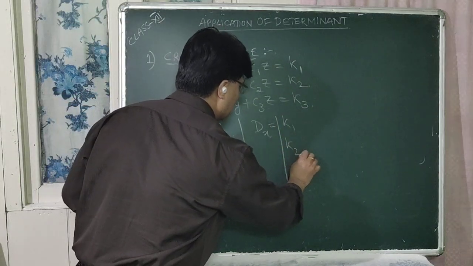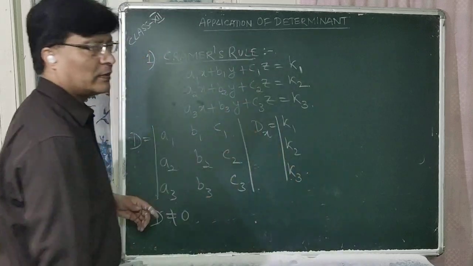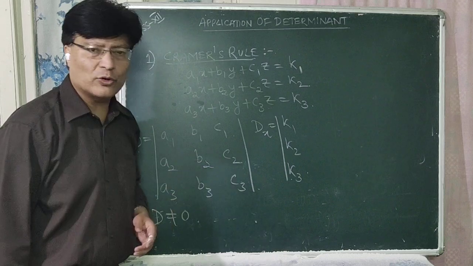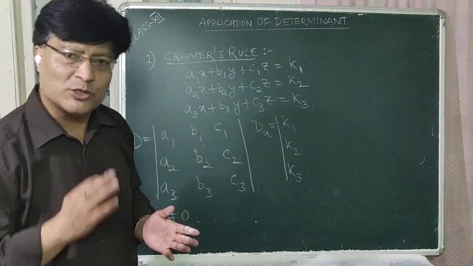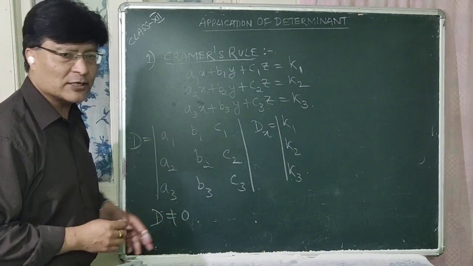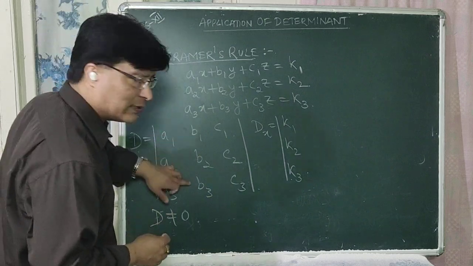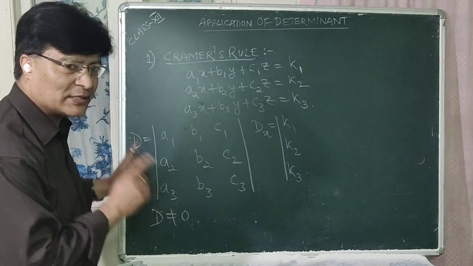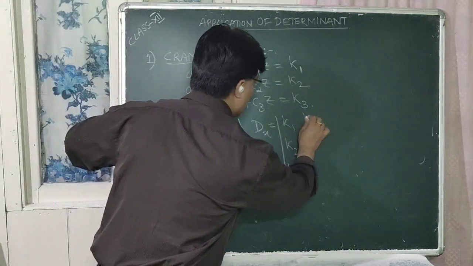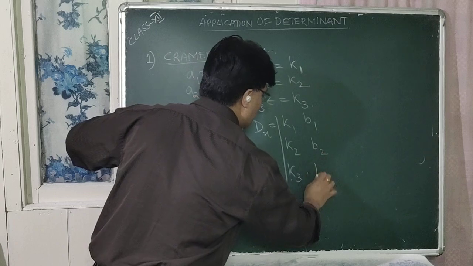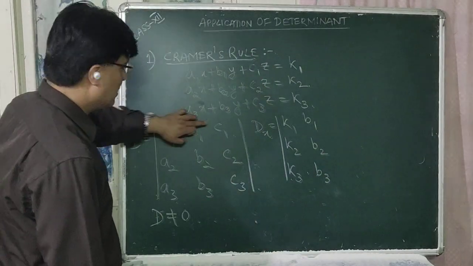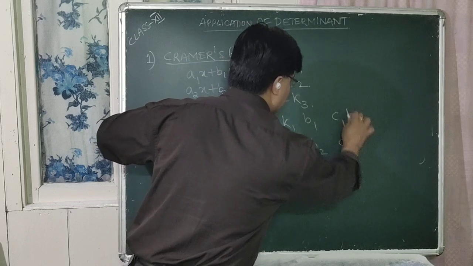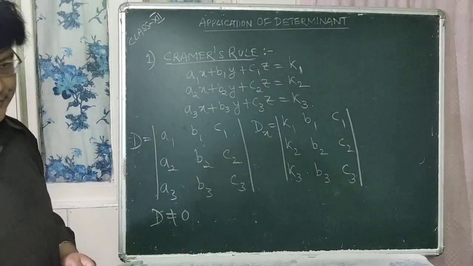And the second column and third column you have to keep the same. This does not change. That is b1, b2, b3, then comes c1, c2, c3. So this is your dx.